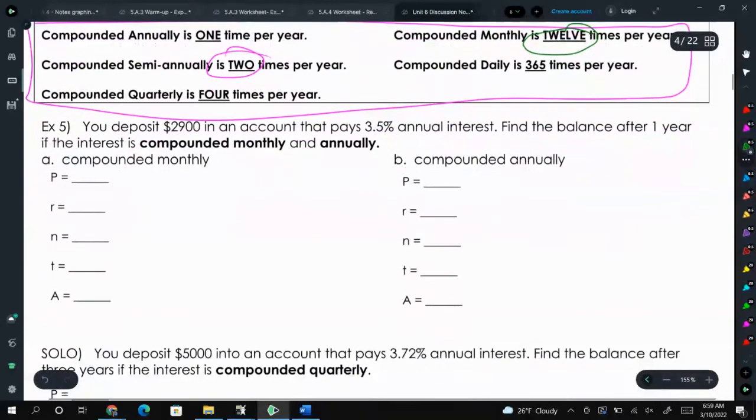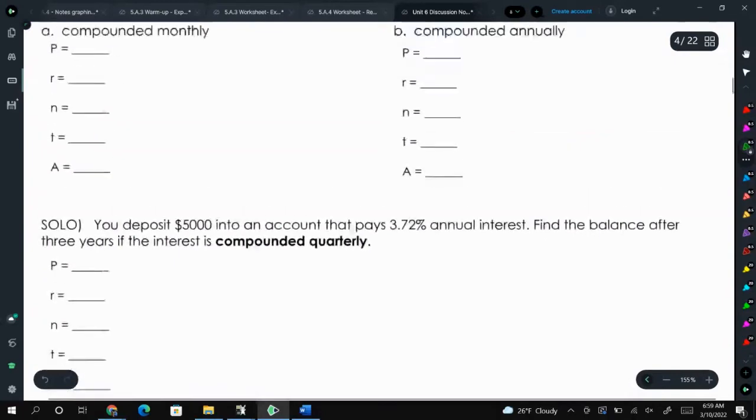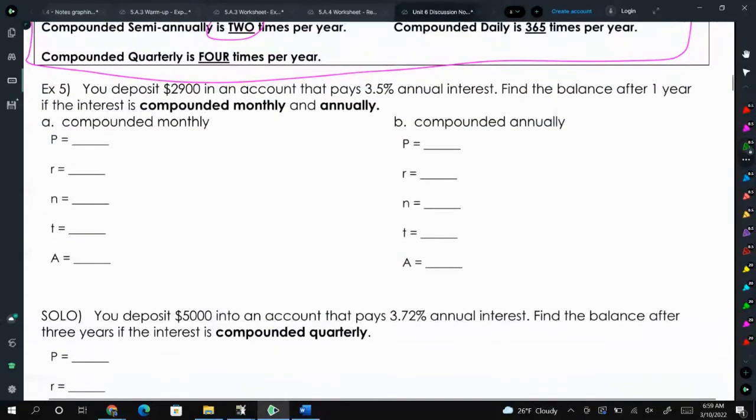So let's look at this example down here. It says you deposit $2,900 in an account that pays 3.5% annual interest. Find the balance after 1 year if the interest is compounded monthly and annually. So the principal is going to be the same for both of these problems.